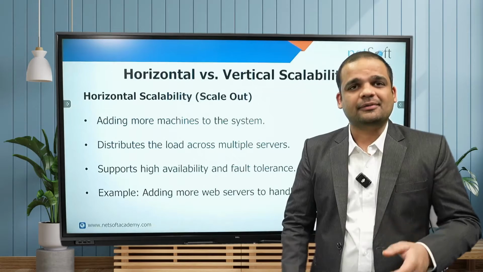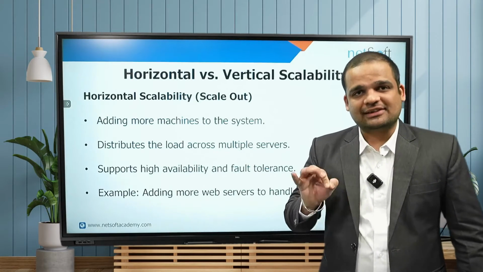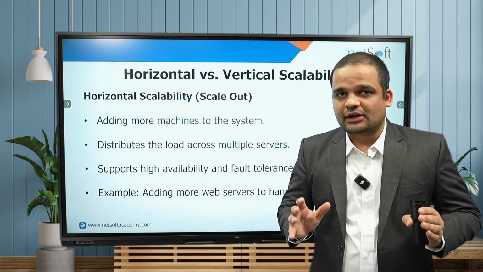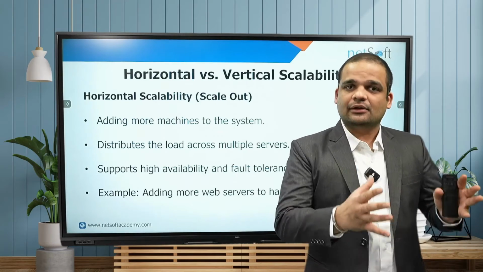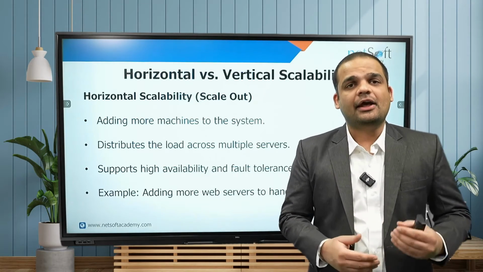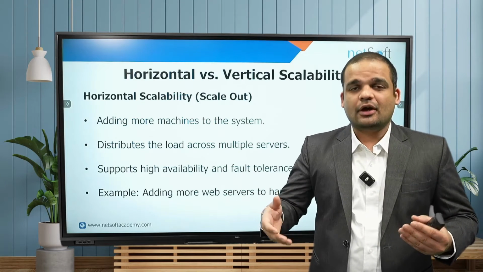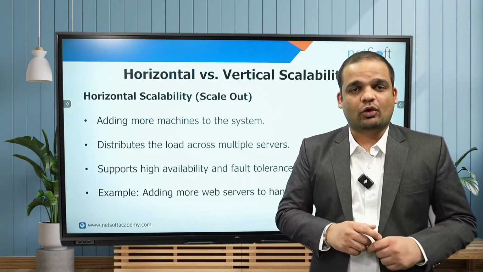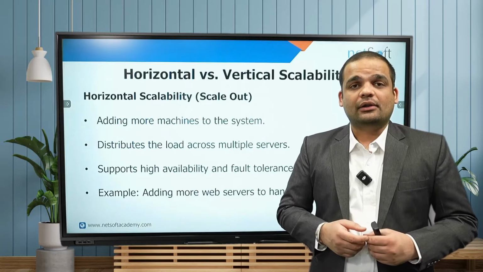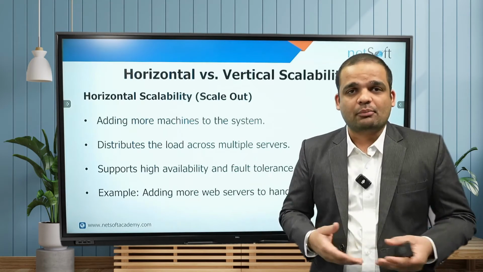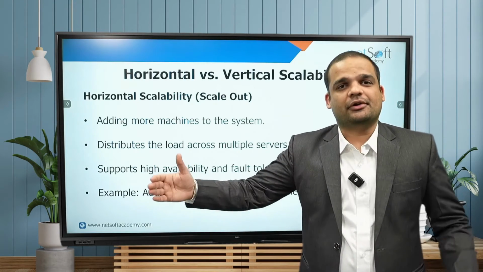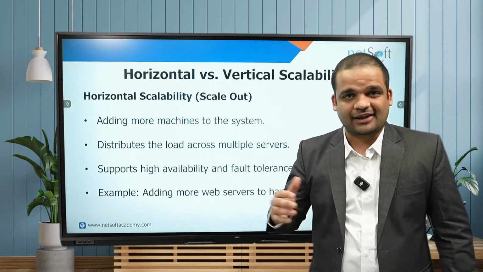In simple words, in horizontal scaling, you are not going to increase the performance of the single unit. Instead, you will add more units. For example, you have one machine and you want more performance. Well, for your environment, just buy more computers. That is your horizontal scaling.